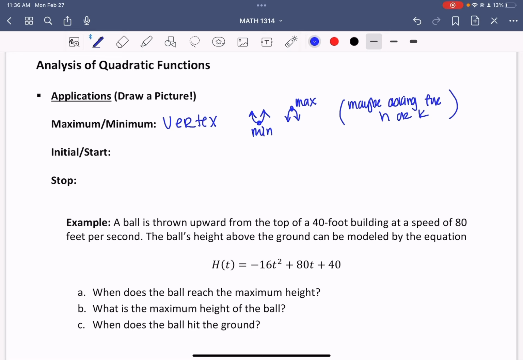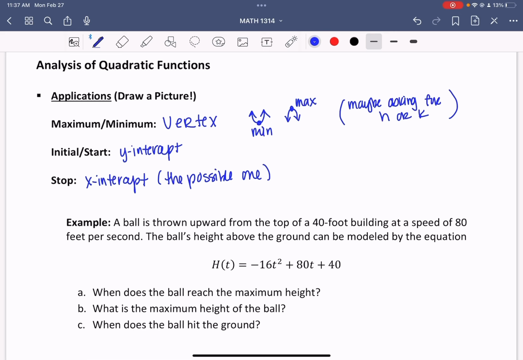If in the application problem it's talking about the initial or starting value, it's going to be representing the y-intercept. If we're looking for a stop, this is going to be when we're looking for the x-intercept. We have to look at the possible solutions.